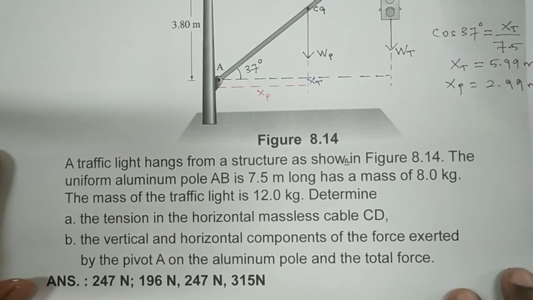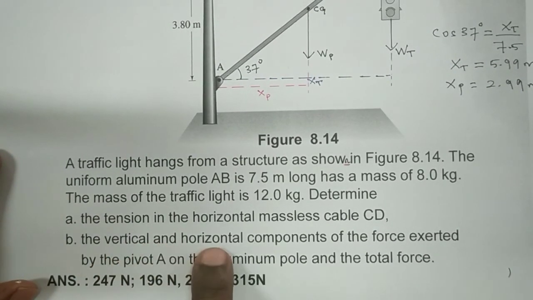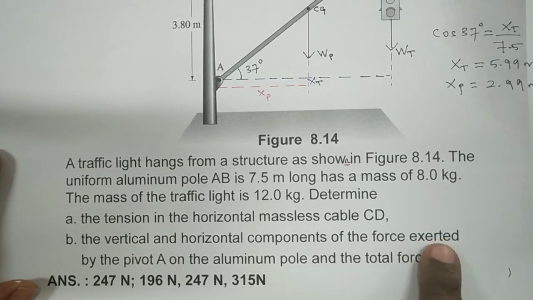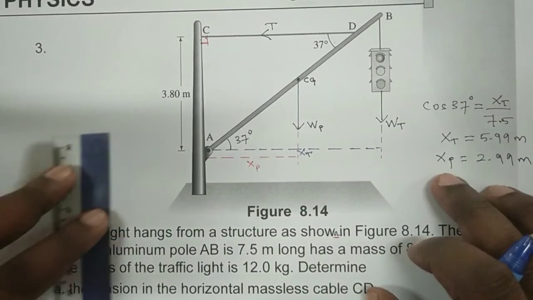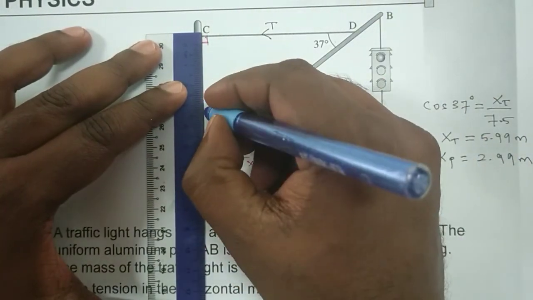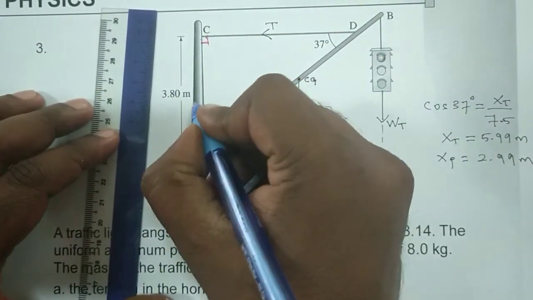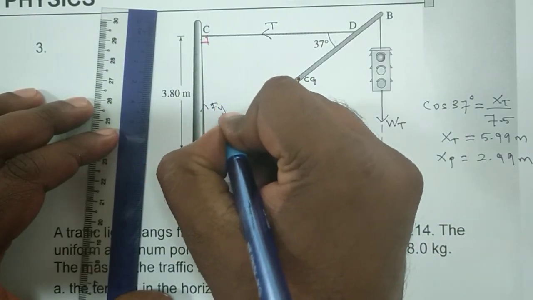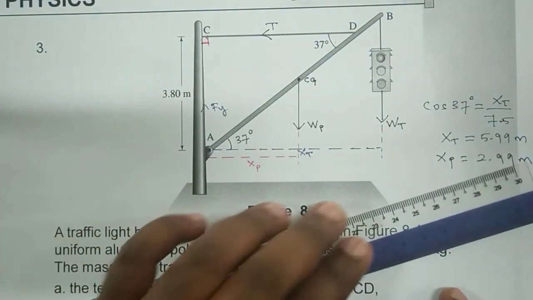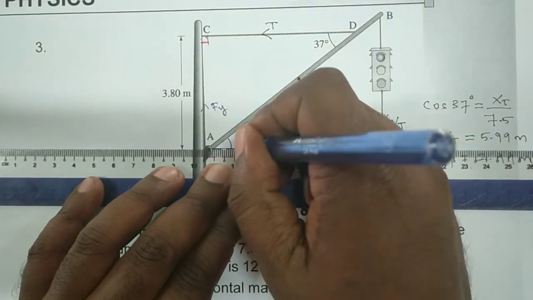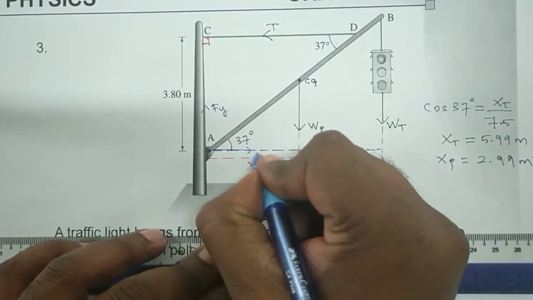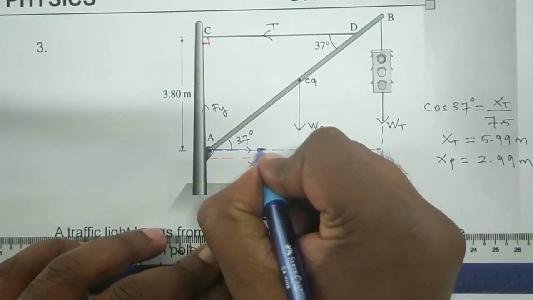For section B, the vertical and horizontal components of the force exerted by the pivot A on the aluminum pole and the total force. So the vertical force should be Fy, and the horizontal force should be Fx.